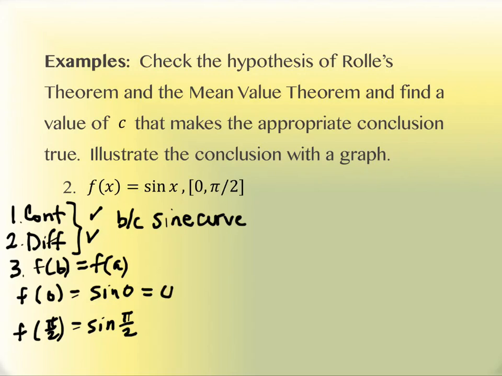It is 0. What is the sine of pi halves? Say it, Brooks. It's 1, yes. These don't match, do they? Not like the last one. So which theorem will apply? The mean value theorem. Since these don't match, this one fails. We don't have it equal. So we're going to talk about the mean value theorem.